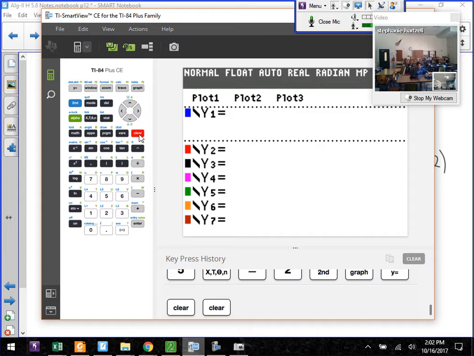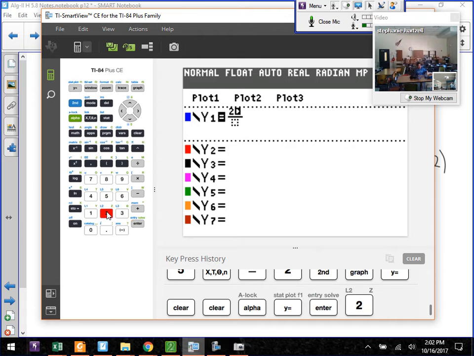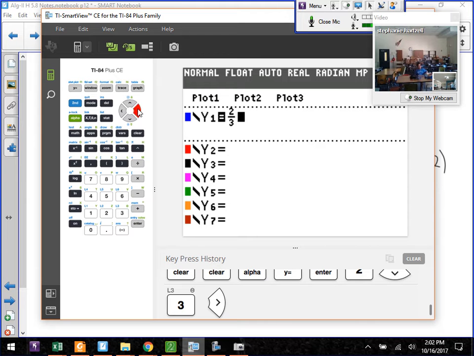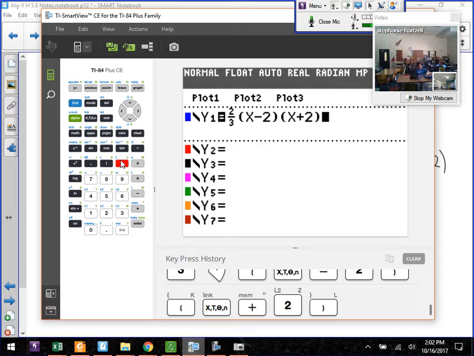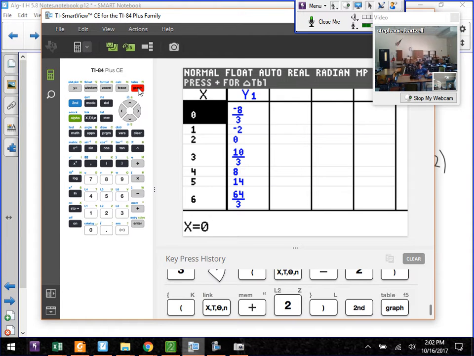So what I would do is go back to my calculator and substitute in that equation we just came up with. 2/3. So I'm doing alpha y equals to make a fraction, 2/3. Then my terms were x minus 2 and x plus 2, thank you. And then I would go directly to my table. I don't care what it looks like, but all I need to know is that this graph goes through that ordered pair that I used to substitute in.